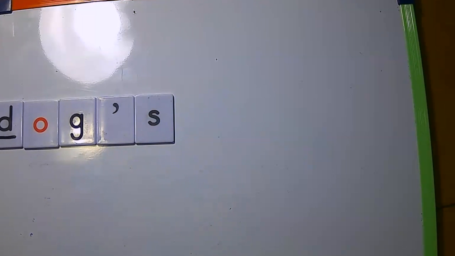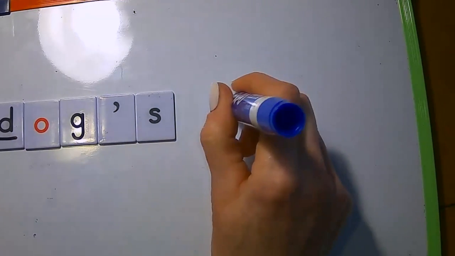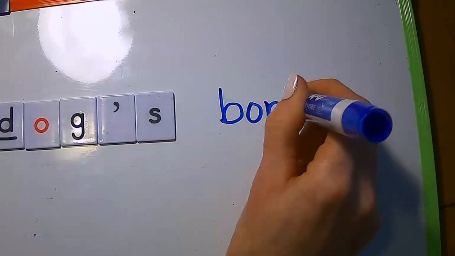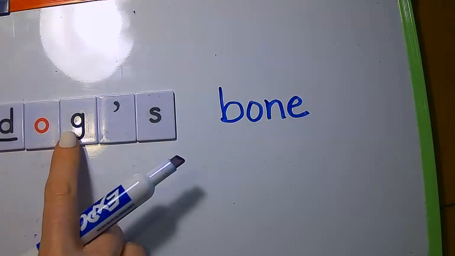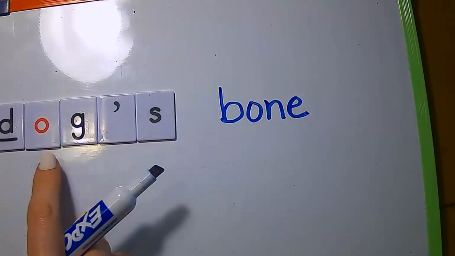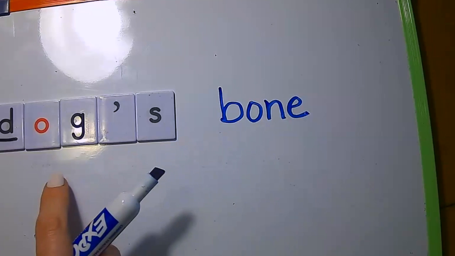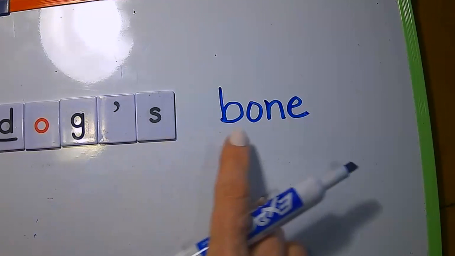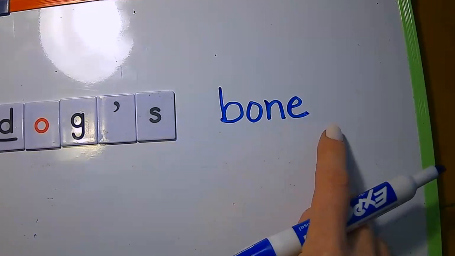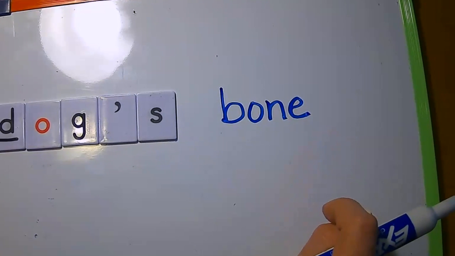What could a dog own? That's right, a dog could own a bone, right? Bone. The dog's bone. One dog owns the bone. So maybe the dog's bone was in his dish.